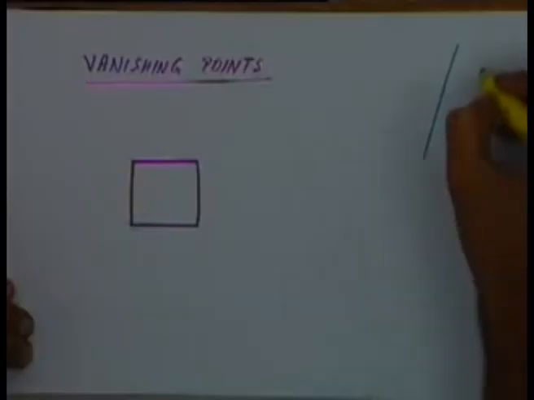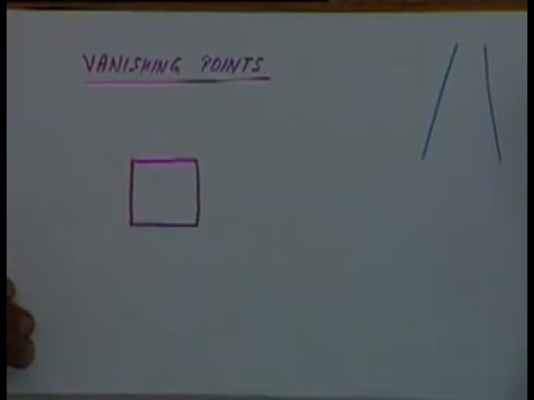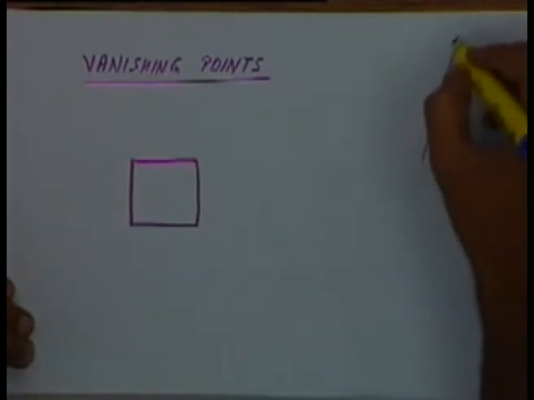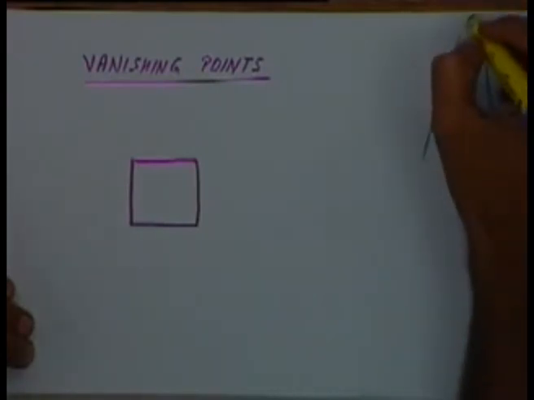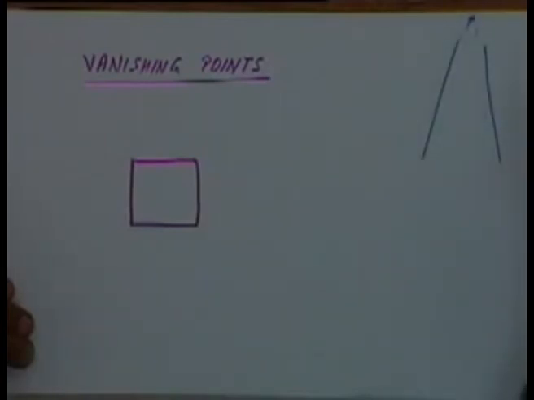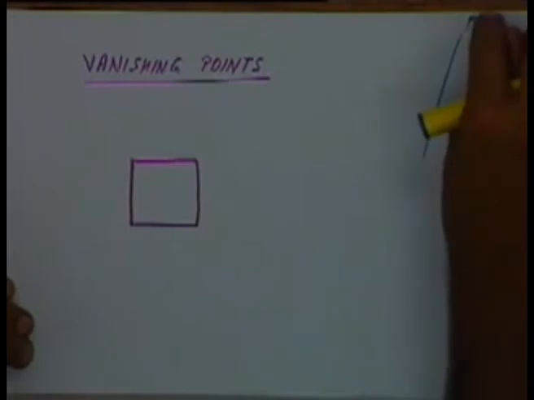If you are standing in the middle of the railway track and look into the distance, you will get a view something like this. These two lines will seem to come from this point, which is actually a point at infinity, but when you project it onto a vertical plane, this will be a finite point.